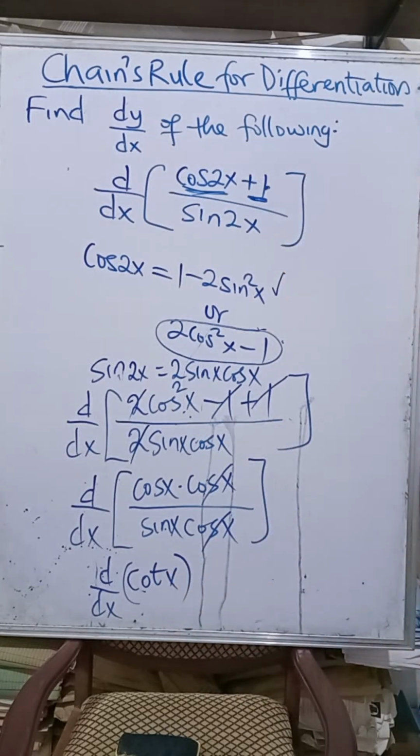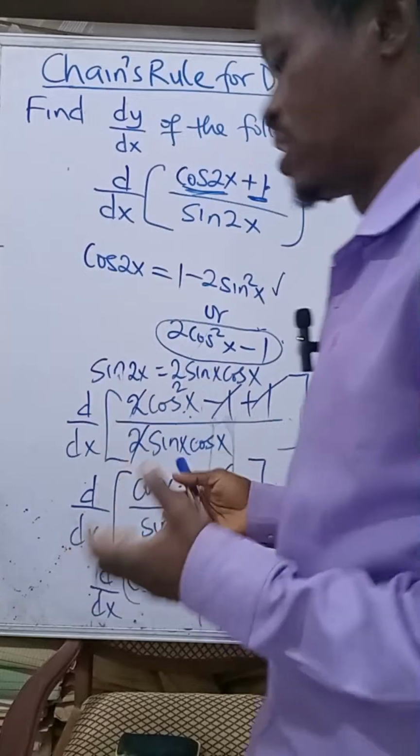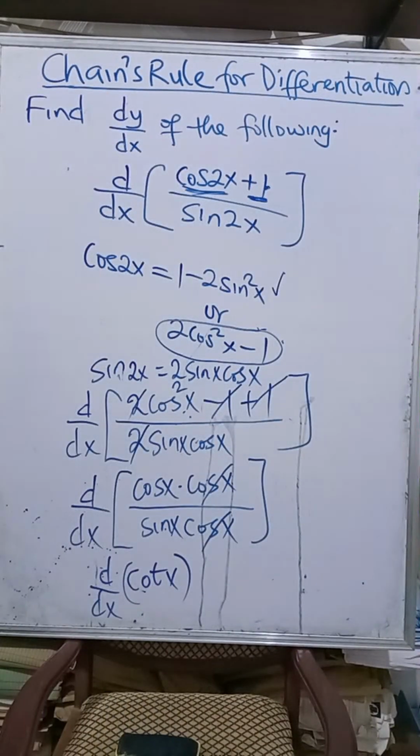So the question now is, what is the derivative of cot x? Actually, they will give you the formula sheets. You can check your formula sheets for the derivative of cot x.